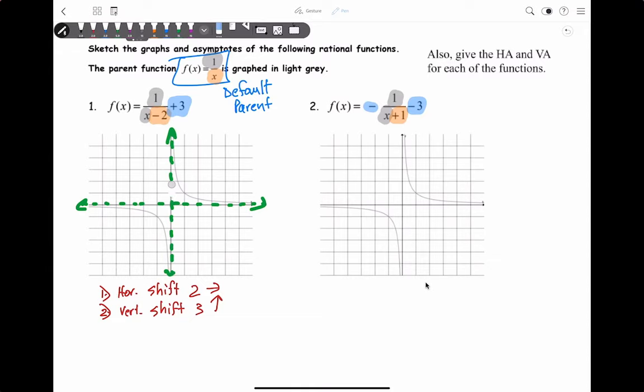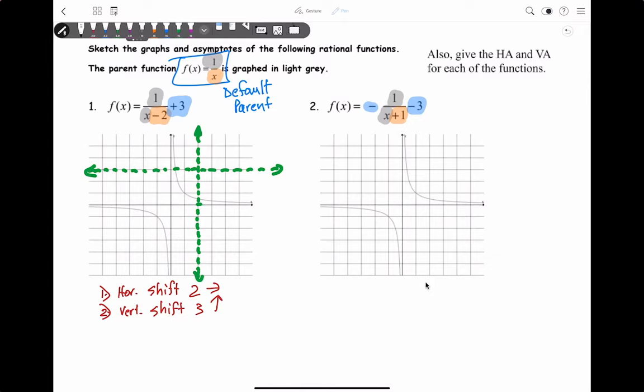So this vertical asymptote is going to shift 2 over to the right. And then you have a vertical shift 3 units up. That means this horizontal asymptote is going to shift 3 units up. So 1, 2, 3. So the center of this new transformed graph is going to be at 2, 3. Just like an orientation, if you will.